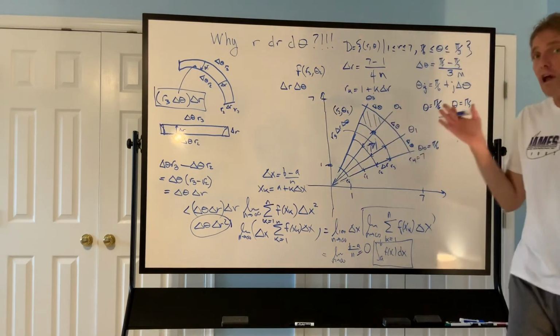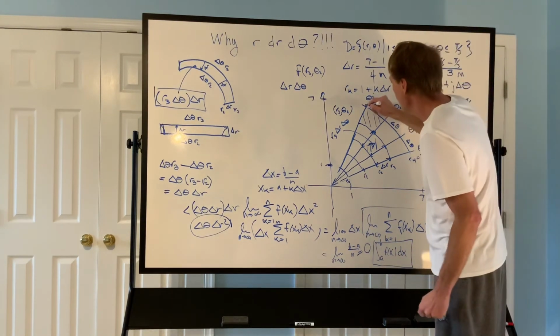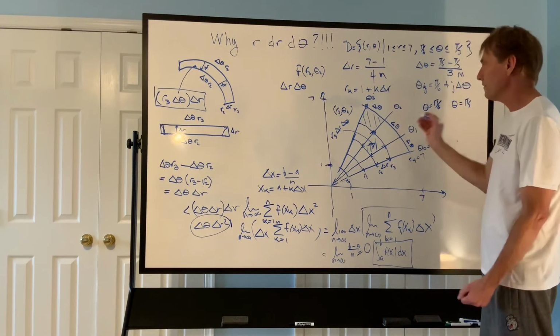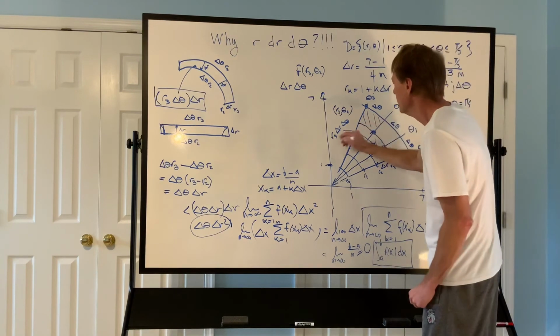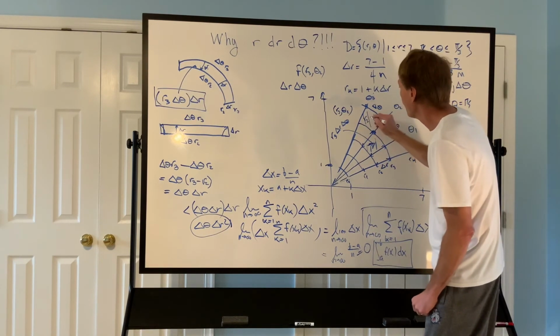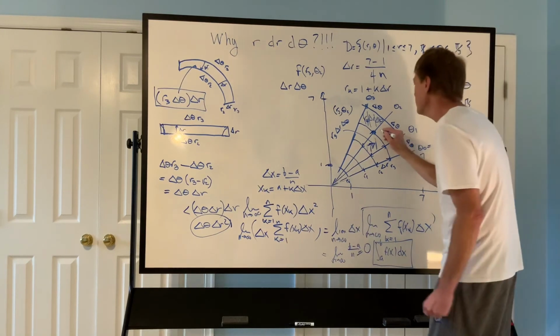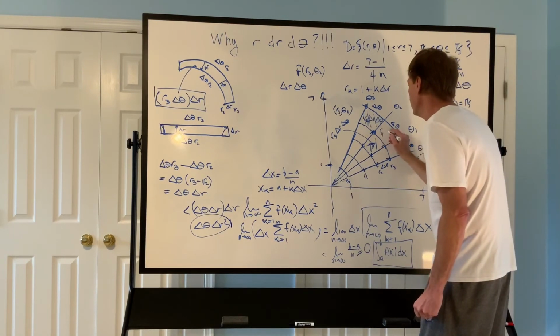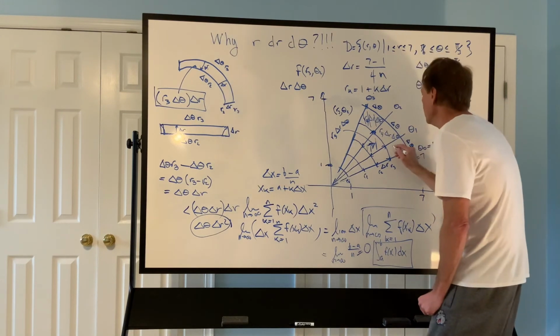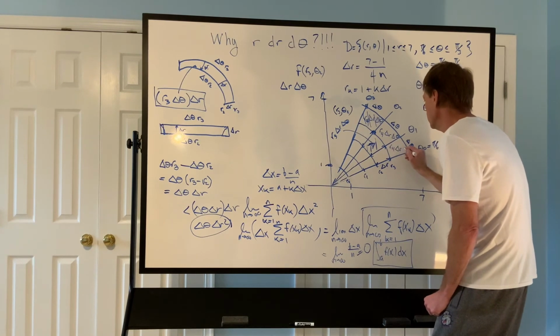Well, clearly the area is more. And let's use that point. For this one, our approximation can be, now we're not on r_3, but r_4 times delta r delta theta. Similarly out here, this would be r_4 delta r delta theta.